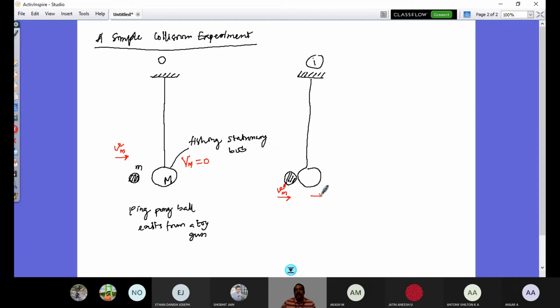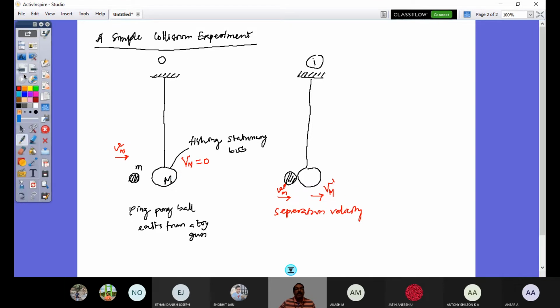And this would be capital V dash, subscript capital M. So this is what we call separation velocity. So approach velocity is only the velocity of the ball as the bob is stationary, and after the collision, separation velocities are Vm dash and VM dash.